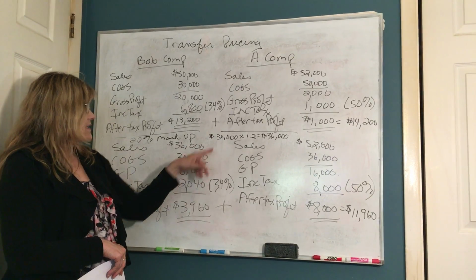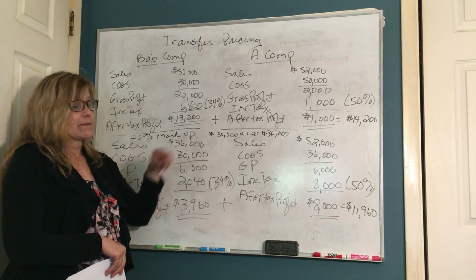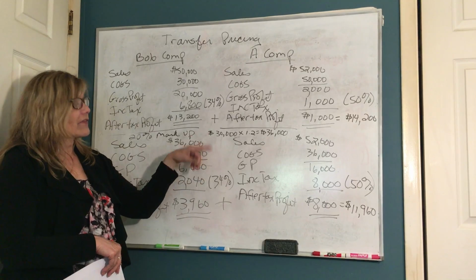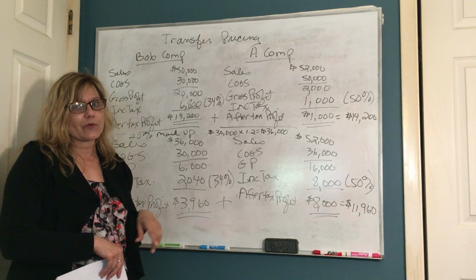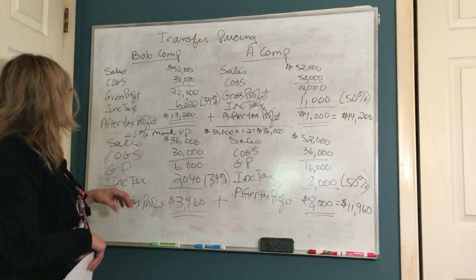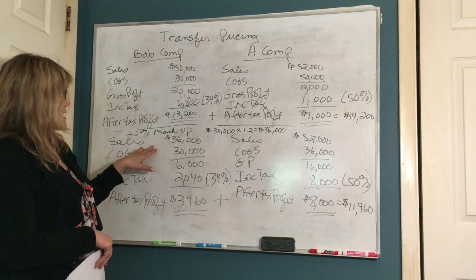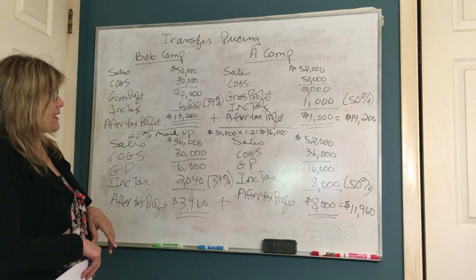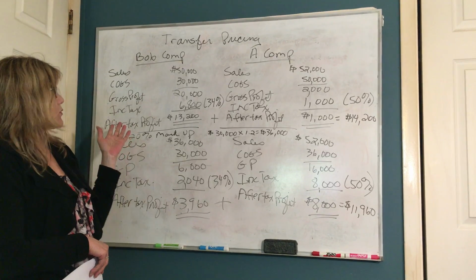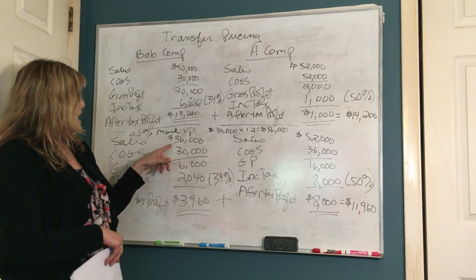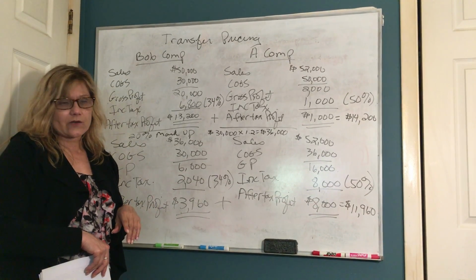The other way you could do it is 30,000 times 20%, add that to 30,000, and you would end up with 36,000. So now Bob is selling to A company for $36,000 instead of $50,000.